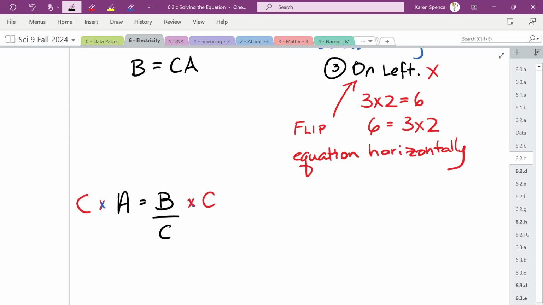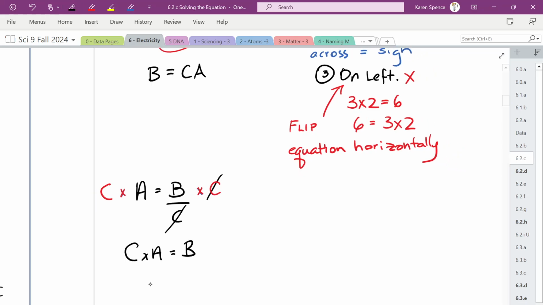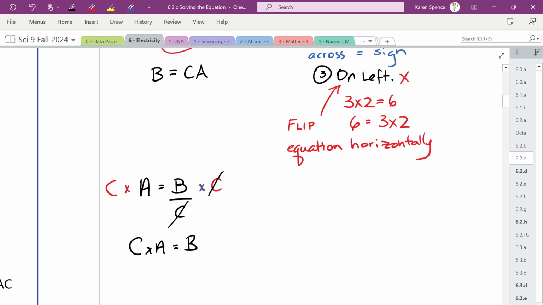This is how we often do it in math class. We multiply both sides by C. That cancels with that. And so we end up with C times A is equal to B. And with a times sign, you can get rid of the times sign. It would be the same as CA equals B. So we have B on the top. We have it by itself.